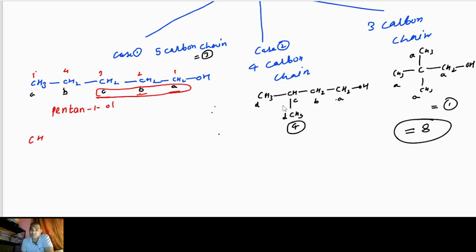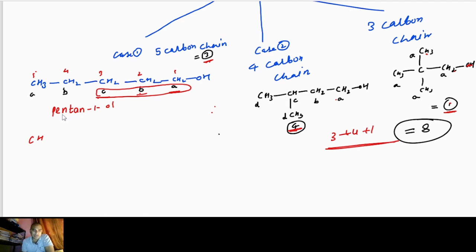So A, B, C and D, 4 different types of carbon. So 4 isomers here, 3 isomers there, and only 1 here, because if you attach the OH group at this position, it will be CH2OH, CH2OH, all identical. So 3 plus 4 plus 1 is 8. So let us draw.